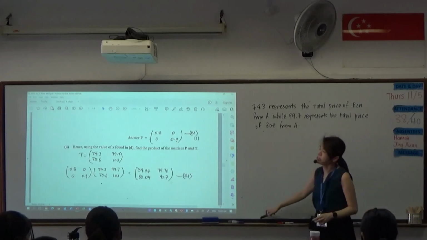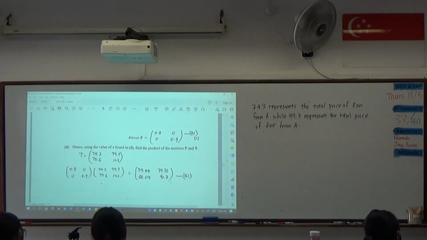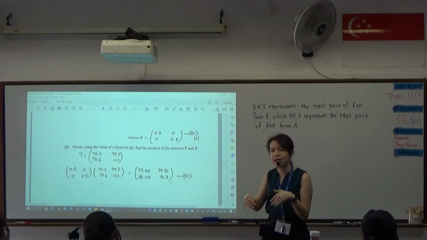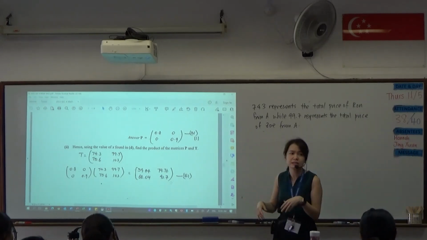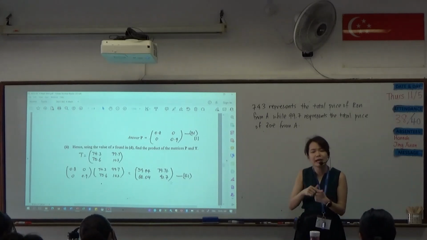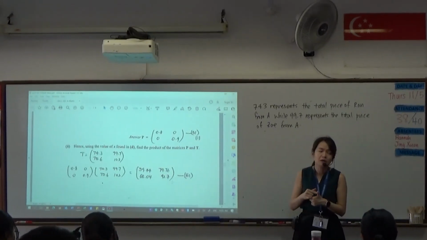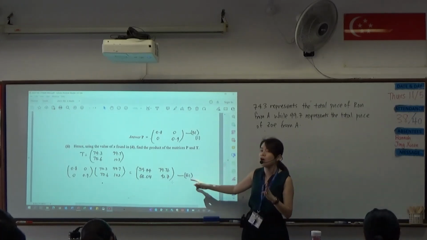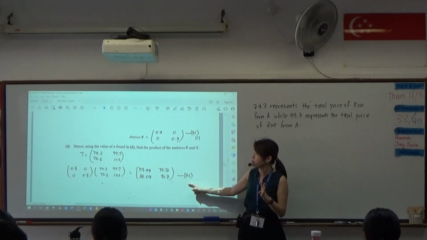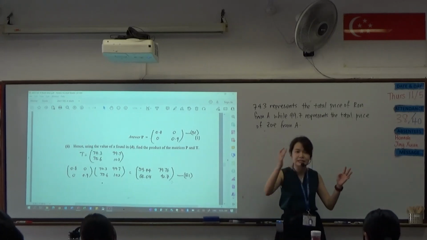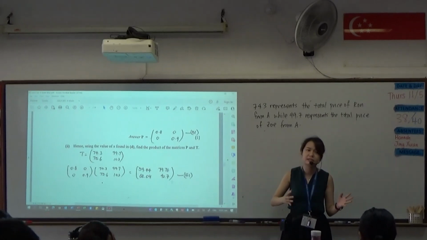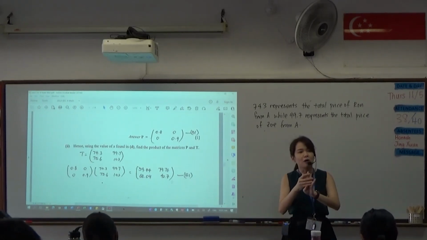So I would say that when it came to this question for part E, the guiding questions that I provided when I was teaching you matrices, in terms of knowing how many elements we are looking for, are very important. If you are very clear that you are looking for 4 elements at the end of the day, because we're doing a discount on every single supermarket and also for each person's purchases, you should realize that we're getting 4 elements.